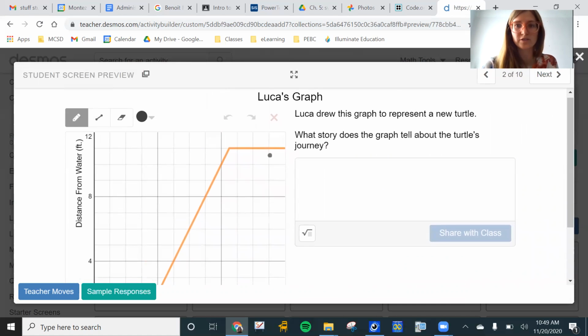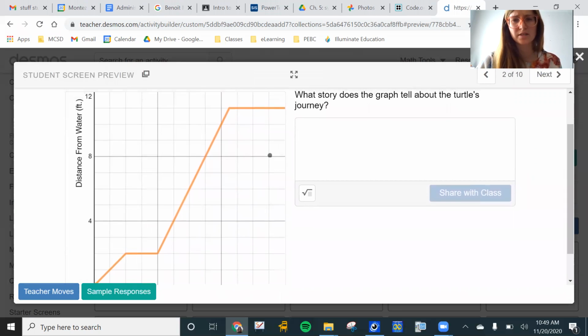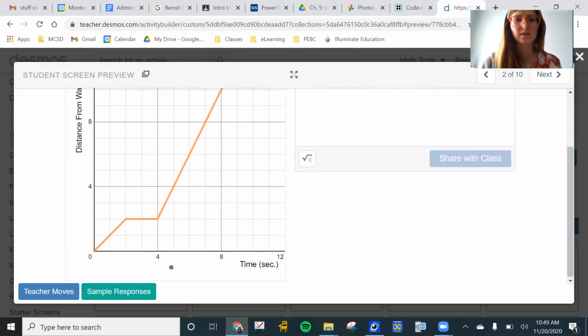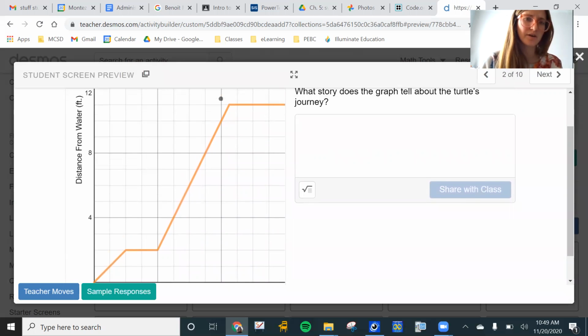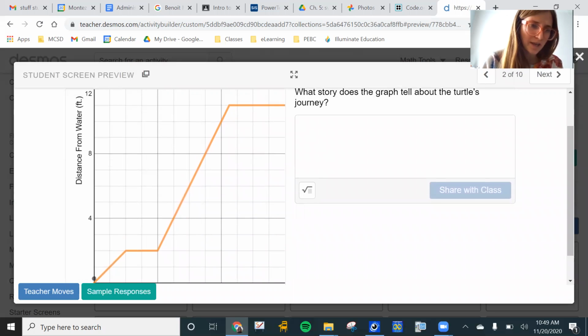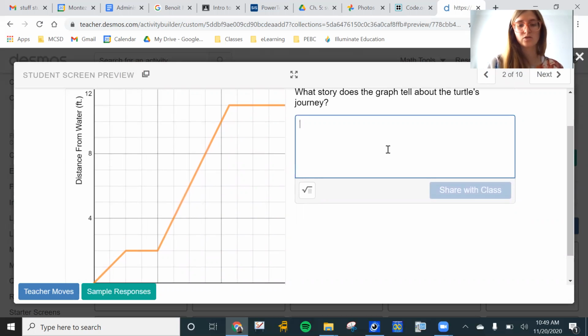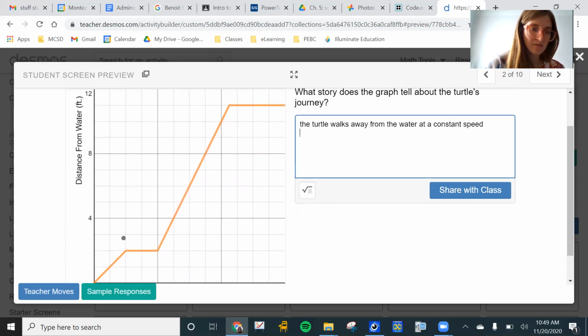Luca drew this graph to represent a new turtle. So what story does this graph tell us? These straight pieces are the turtle walking away from the water at a constant speed. Then this flat, horizontal piece, the distance isn't changing at all.